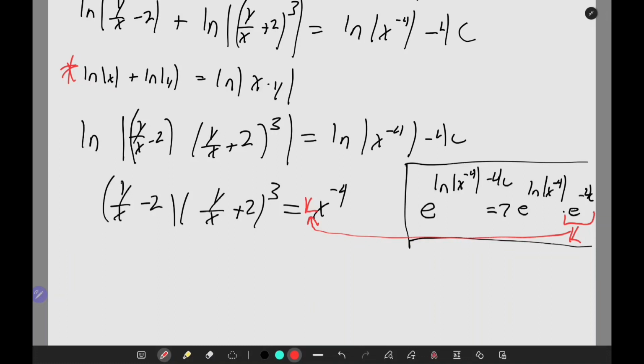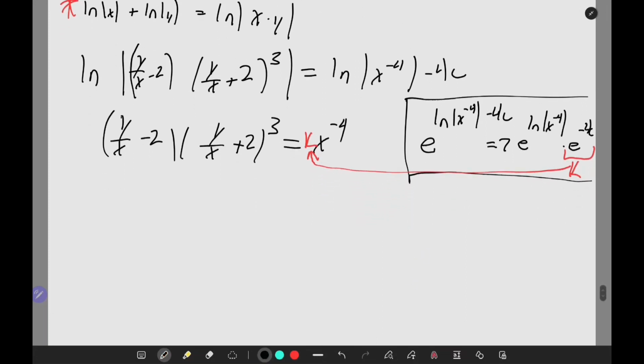Okay, now that we have this, we're not done yet. We can solve this for just k. We can simplify it even further. So if I simplify these two terms right here, this is y, if we multiply x by the negative 2, that's y minus 2x over x.